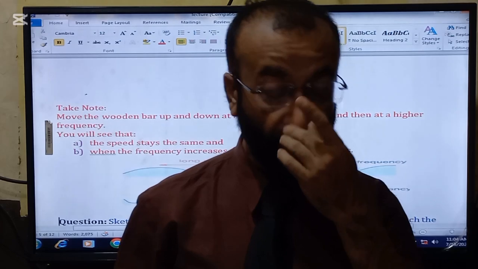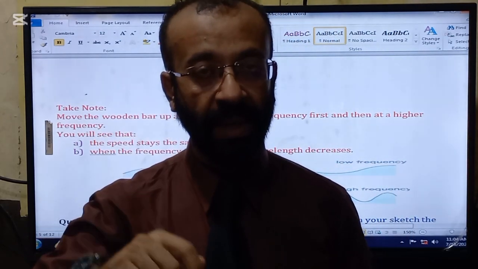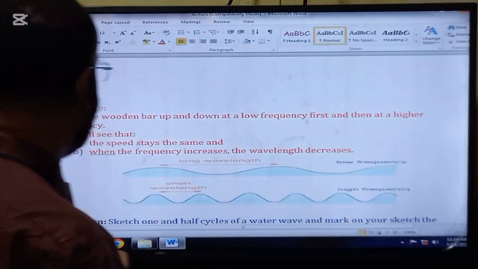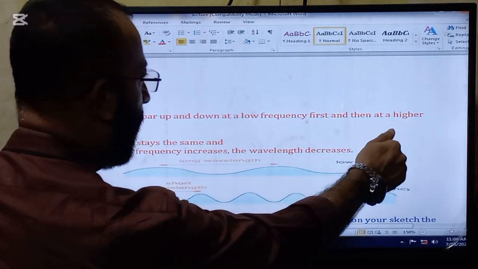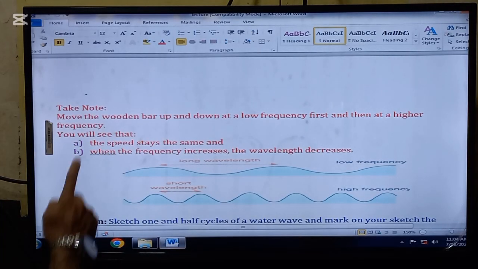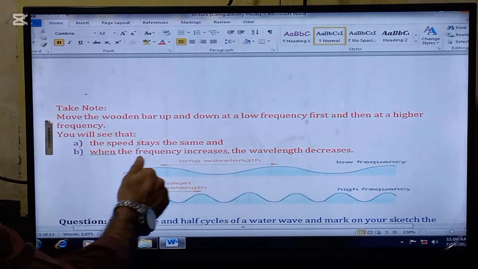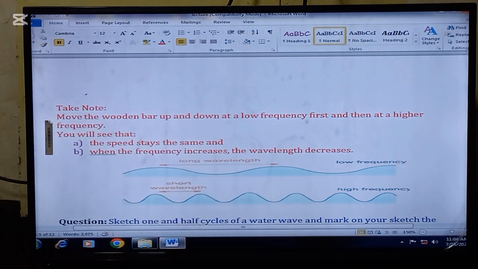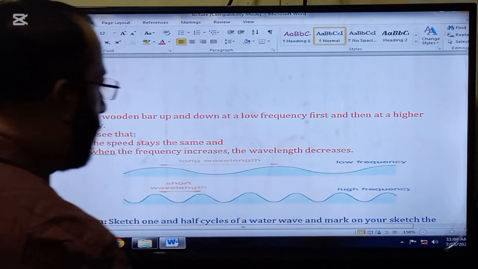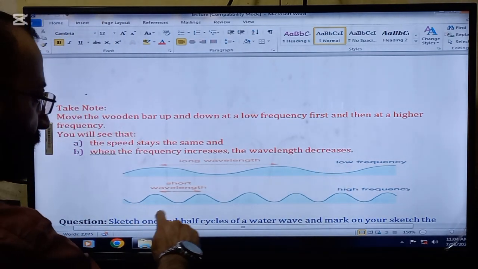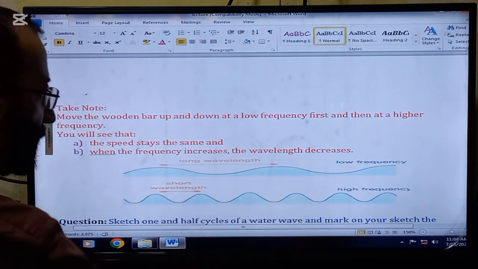If you move the wooden bar first slowly and then speedily in water, you will see that there are 2 points to be noted. Number one, the speed stays the same. But when the frequency increases, the wavelength decreases.